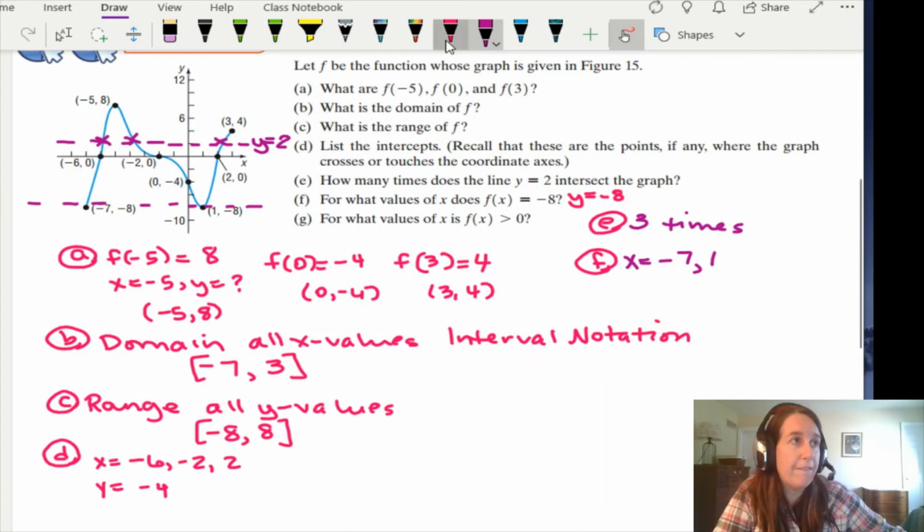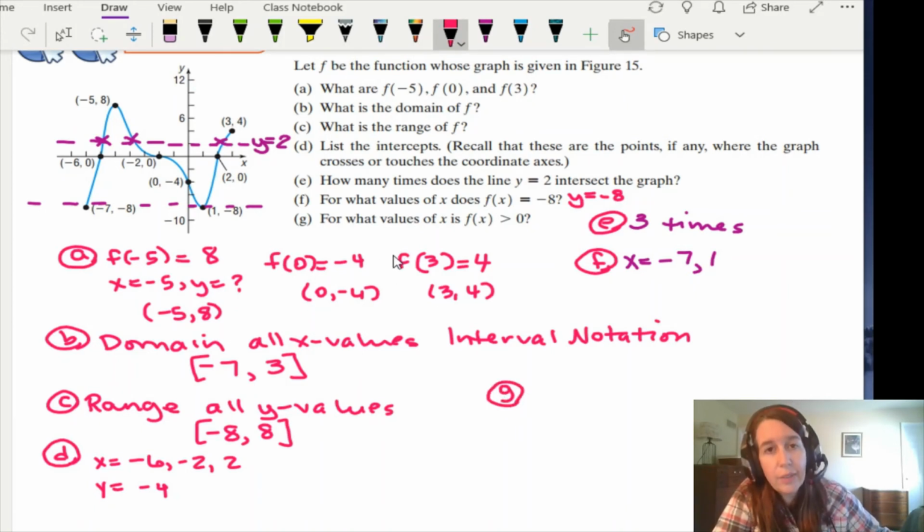All right. Final one, let's look here at G. This one always gives people trouble, so I always want you to read it out to yourself and then reword it for yourself. So it says, for what values of x? Okay, so first of all, notice that you're going to answer values of x, and you're going to answer that in an interval.